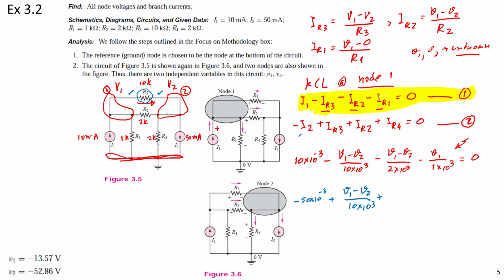Plus IR2, V1 minus V2 divided by R2. And then IR4 is V2 divided by how much? The current from here is V2 divided by R4, which is 2K.